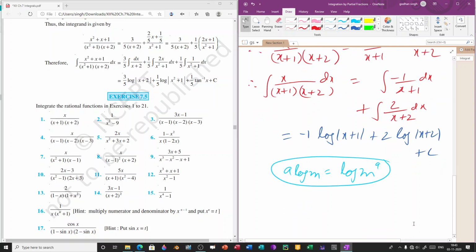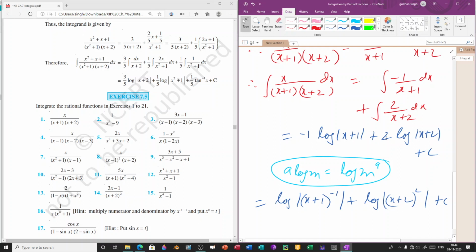We can rewrite this as log mod of x plus 1 raised to minus 1, taking the minus inside, plus log of x plus 2 whole square, plus c. Here there is no need for mod because x plus 2 whole square is a positive quantity.